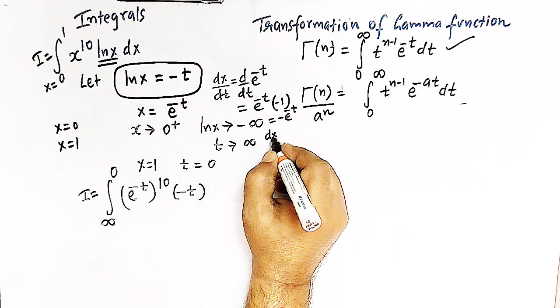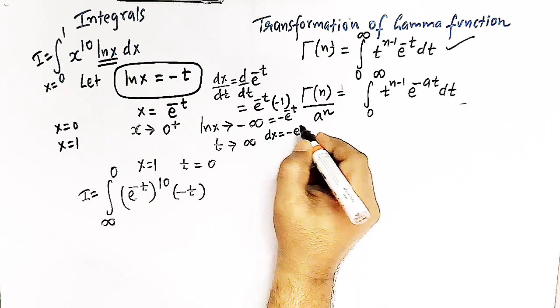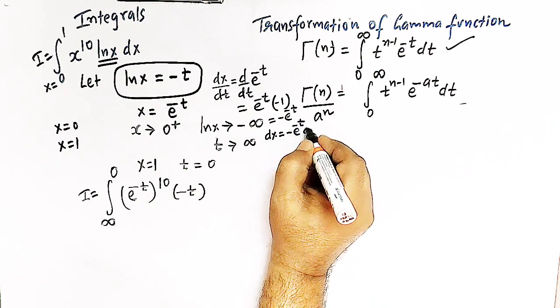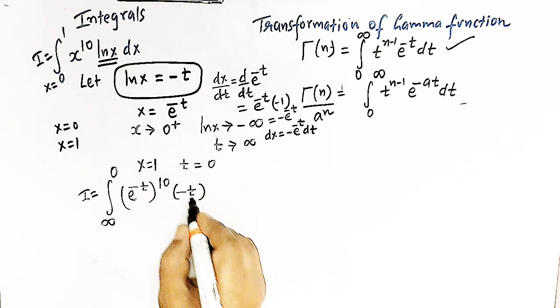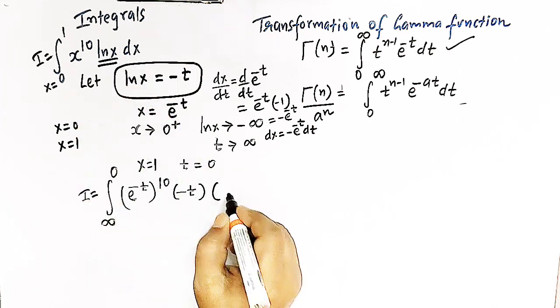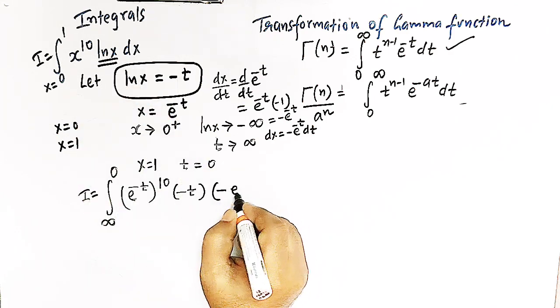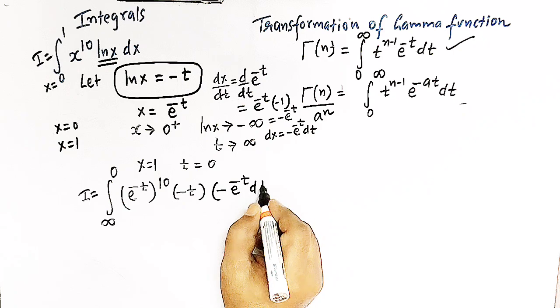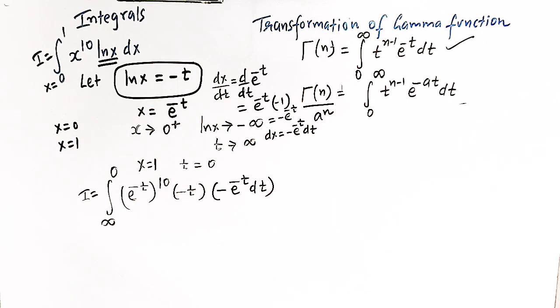So we can write dx is equal to minus e raised to minus t dt.